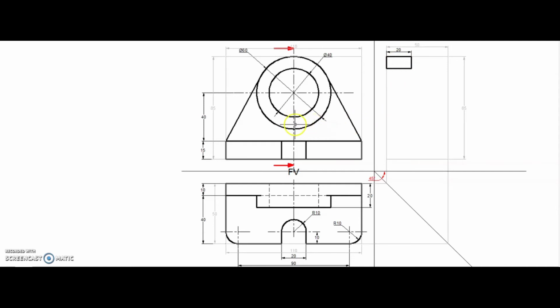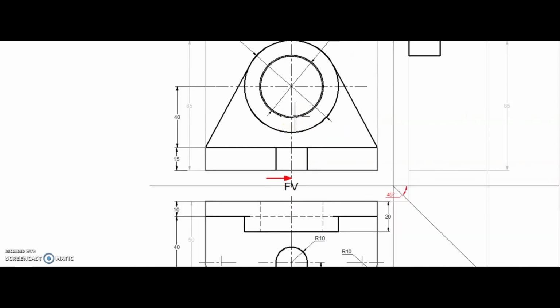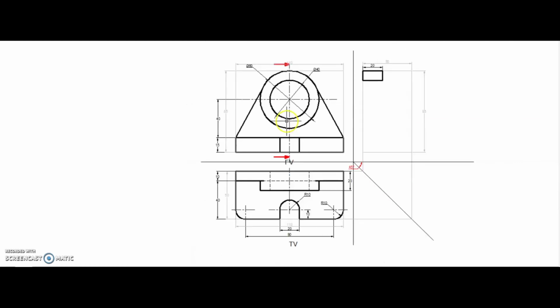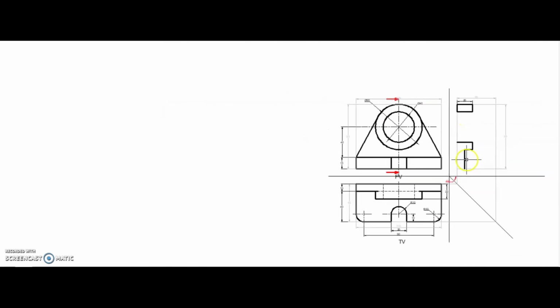Now consider this portion. Draw a line of 20 millimeter width along the projection line of this point. So take the projections from this point, draw this line of 20 millimeter. Again its height is 10 millimeter. Then draw this line up to 10 millimeter and draw this line up to this portion.